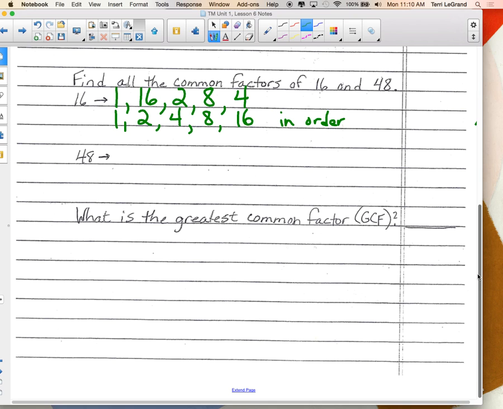Let's do 48. 1 and 48. How about 2? Does 2 go in there? How many times? 24. How about 3? Does 3 go in there?